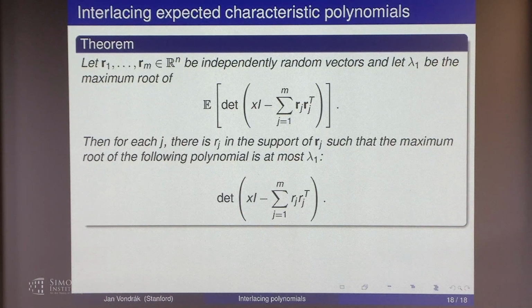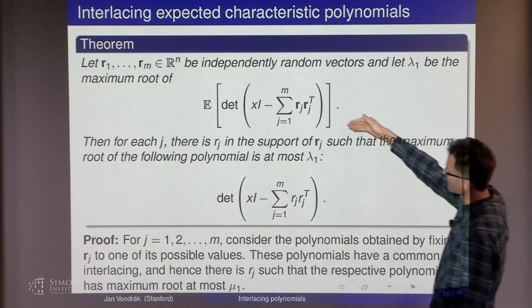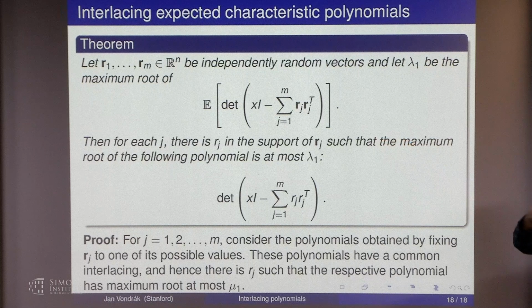And the proof is exactly what I described, the sequence of choices where in each step we look at the polynomials where some of these choices have been already fixed, the remaining ones are still random. We look at the expected characteristic polynomials over the remaining random choices. And again, we have the property that the two relevant polynomials where we fix the next choice to be either this or that, assuming that we have two choices for each. It works actually more generally.